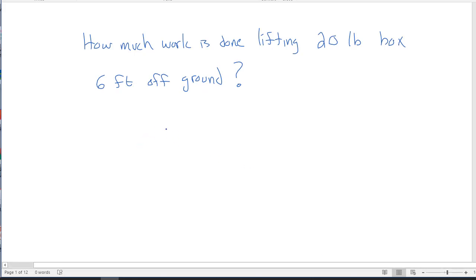So again, we know that work is the product of force times distance. For this problem, because we're in U.S. customary units, the force is the weight of our object. So we have the 20-pound object, that is our force, and we're fighting gravity. The distance that we're moving is 6 feet.